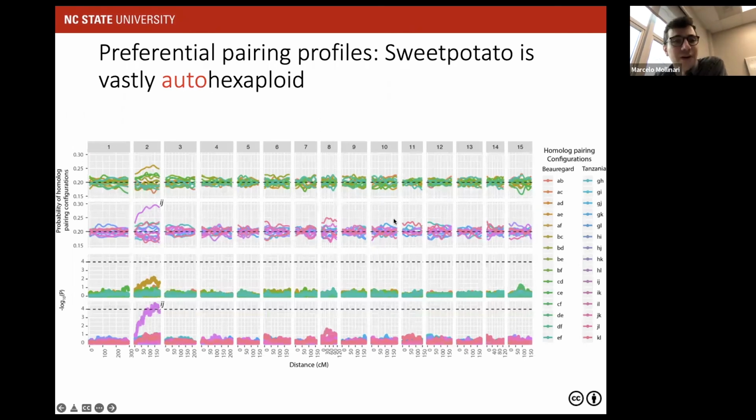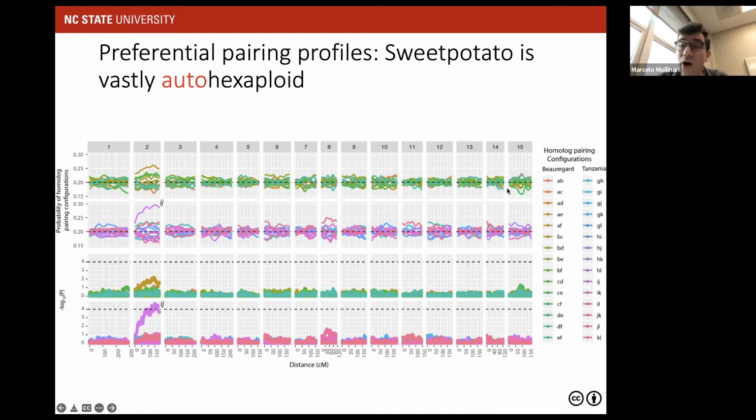Another very, very important thing is to assess if there's some preferentiality in the pairing of these homologs. And we can also assess this using our probabilities, the probability of our homologs. And here, the dashed line is what you expect in a random pairing.